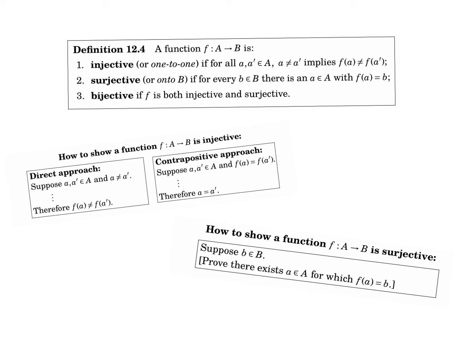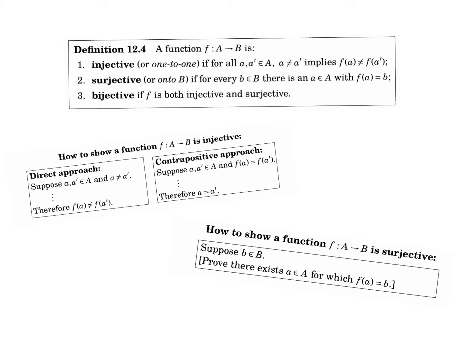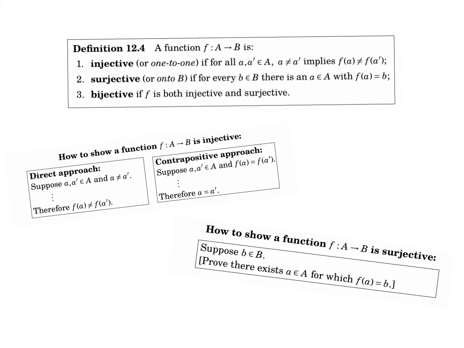Okay, so I have the definitions from the book here for injective, surjective, and bijective, my green terms here. A function f from A to B is injective, so that's the one that means one-to-one, if for every elements a and a prime in our set A, if the inputs aren't equal, then the outputs aren't equal.